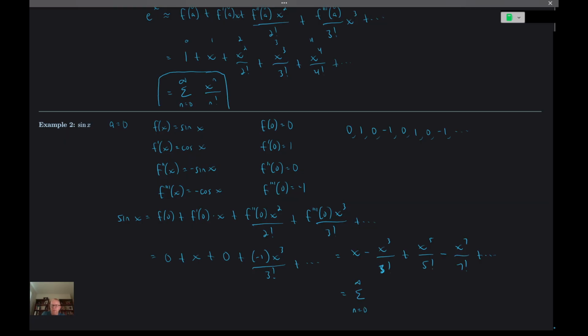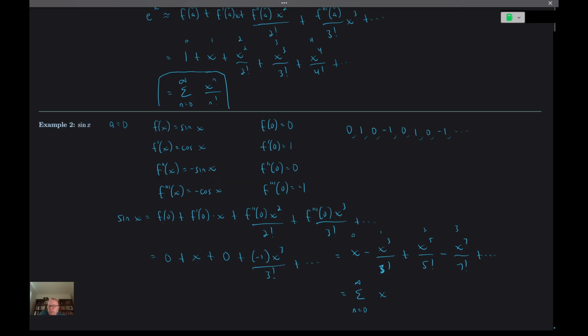And now we have the sum from 0 to infinity. So what do we have? The 0 term, the first term, the second term, the third term. So we have x. If we're on the first term, we go up by 2. If we're on the second term, we go up by 3.